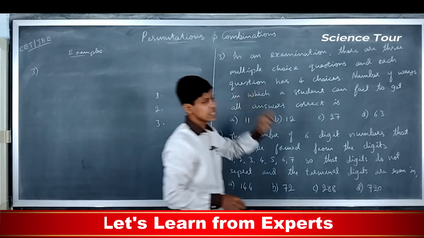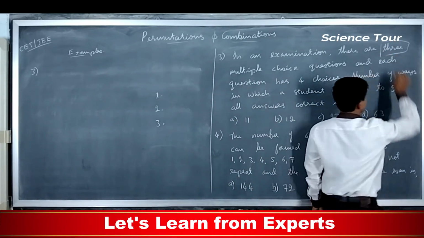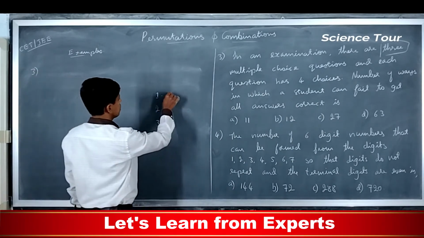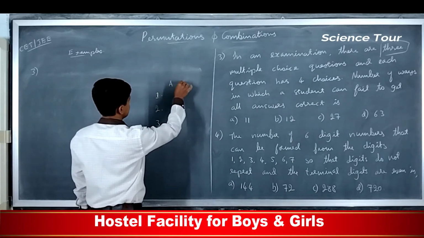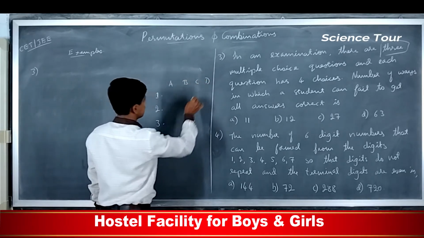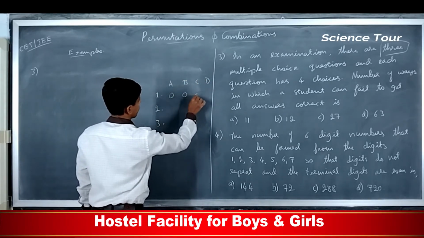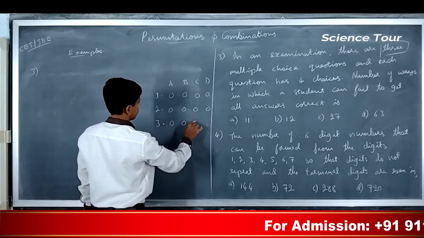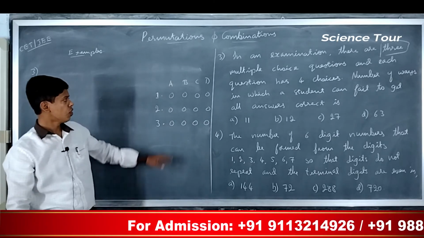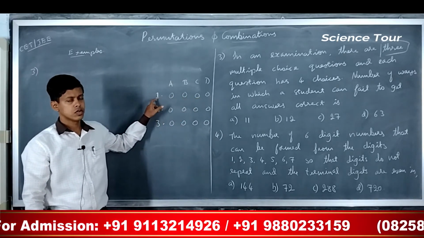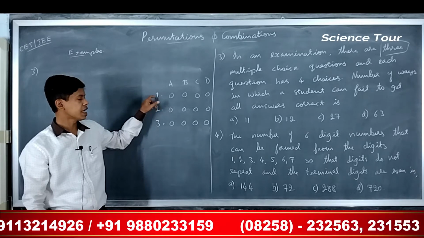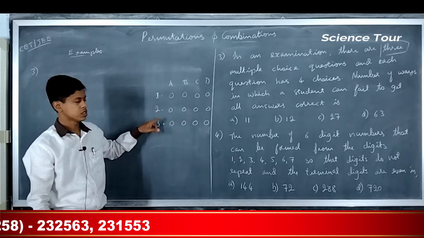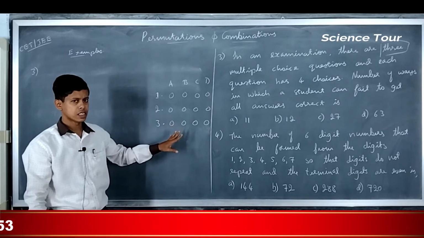There are three multiple choice questions, and each question has 4 choices: A, B, C and D. Any one has to be marked out of A, B, C, D for the first question, the second question, and the third question as well. Only one has to be marked.